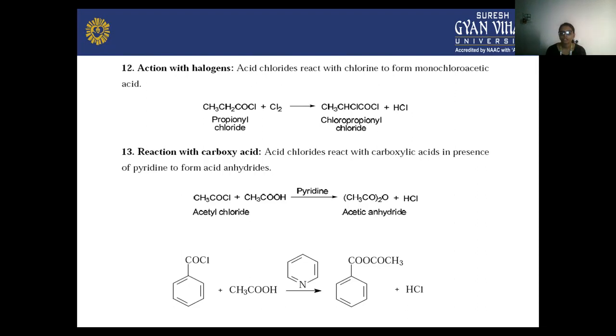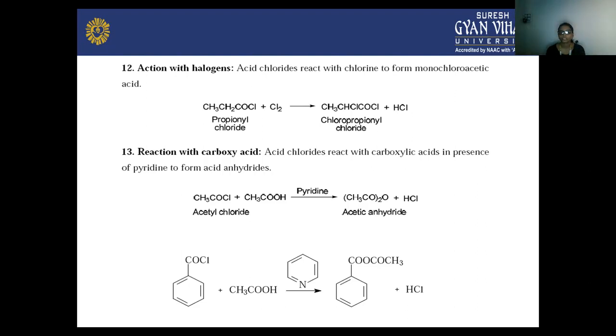So in this reaction with halogen, this acid chloride is reacting with this chlorine, and there is a formation of monochloroacetic acid.